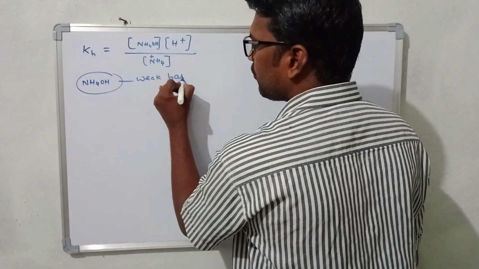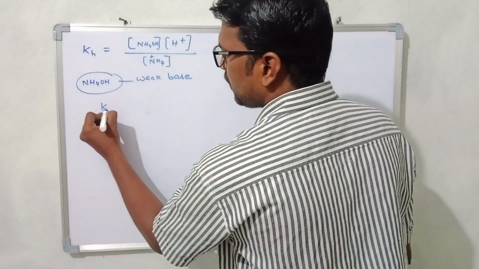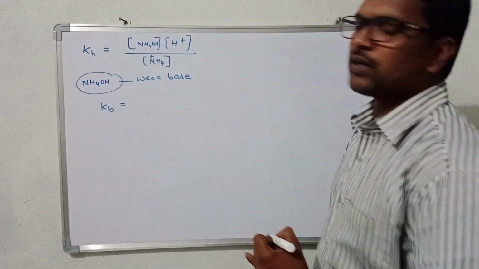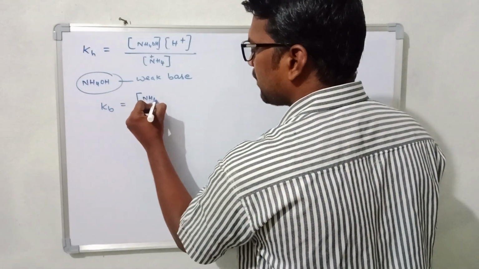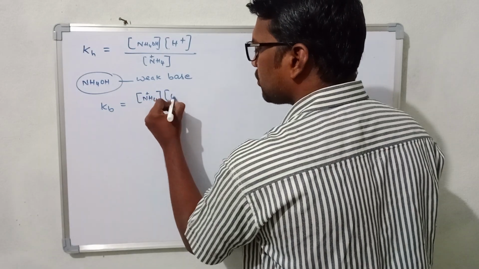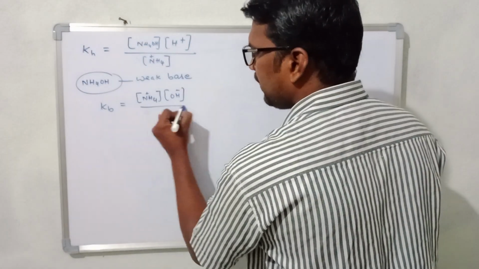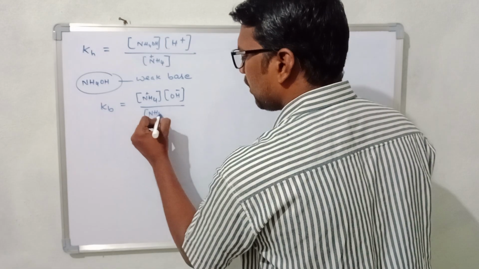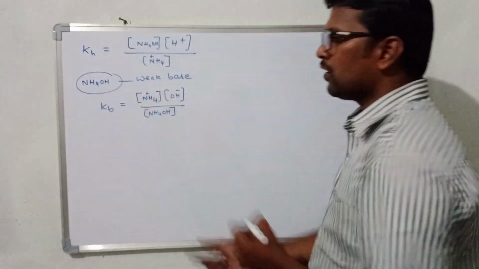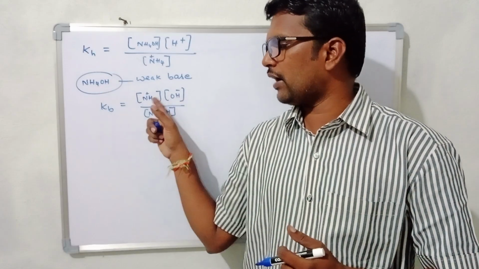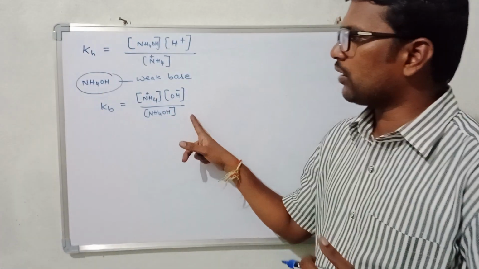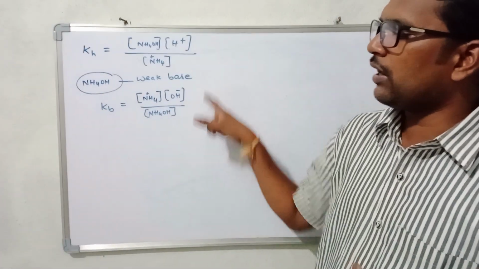For this weak base, if you write the base dissociation constant or base ionization constant, the products are NH4+ and OH−, by the reactant NH4OH. On dissociation the base dissociates as NH4+ and OH−, so we write product by reactant. This is Kb and that is Kh. Now multiply these two.